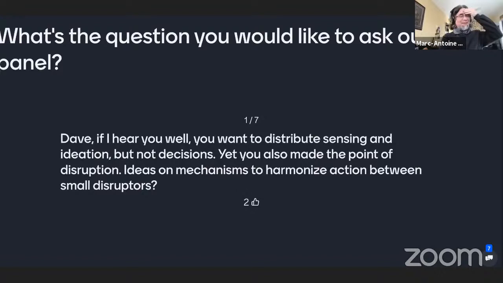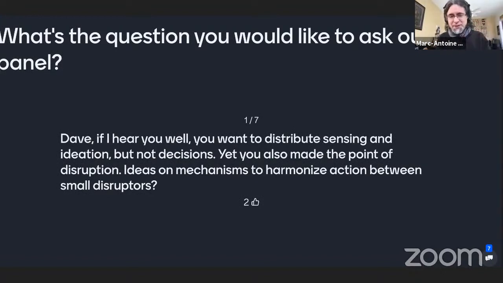I think I'll rephrase it given what you just said, but you say very clearly you want to distribute sensing and ideation, but not decision. And now I heard this further distinction between decision and coordination, and I definitely want to ask you to elaborate on that, because that's really the question. Because I also heard you speak about disruption, and that means small emergent entities, and how can they harmonize and coordinate, not necessarily relying on the same action or same vision, but making sure their actions reinforce one another to achieve whatever goals they have.